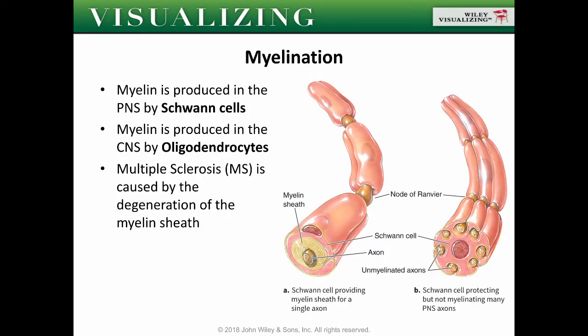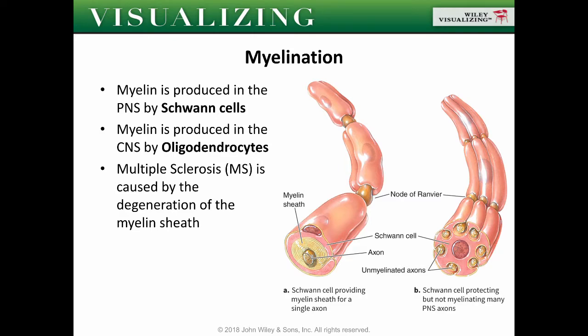So the myelin is produced in the peripheral nervous system by the Schwann cells, and in the central nervous system by the oligodendrocytes. So you have a condition called multiple sclerosis. That is the degeneration of the myelin sheath, and depending on what neurons are being affected, if it's in the peripheral neurons, where the Schwann cells are being affected, the result is usually paralysis.